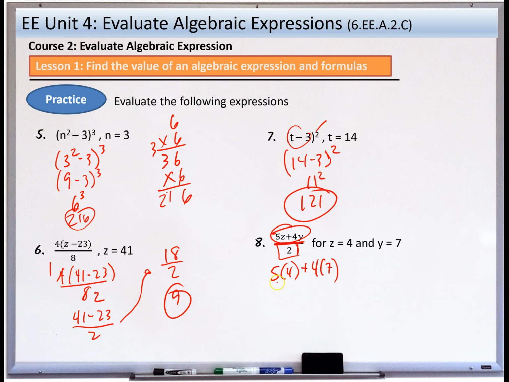And then when we get done with that, we're going to divide by 2. 5 times 4 is 20. Plus 4 times 7 is 28. And that gives us 48 divided by 2, which again I believe is 24 is our answer.